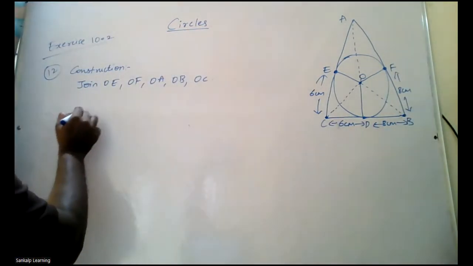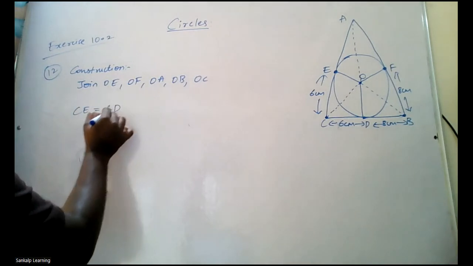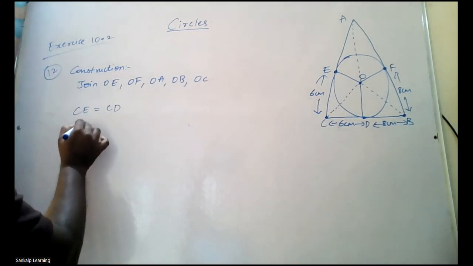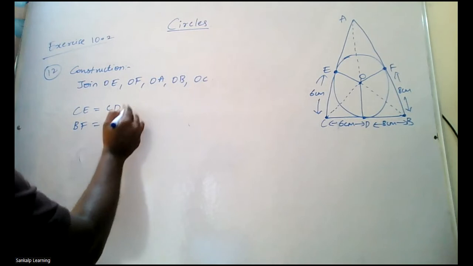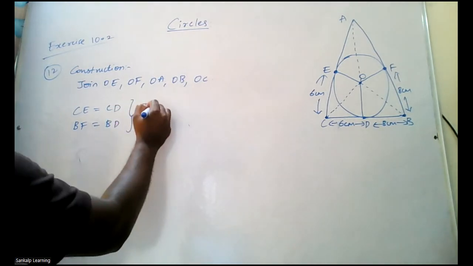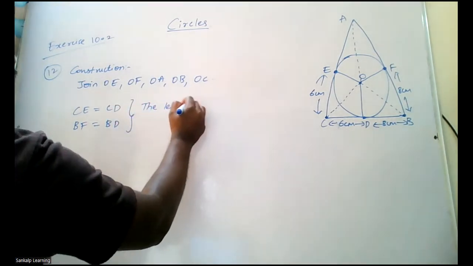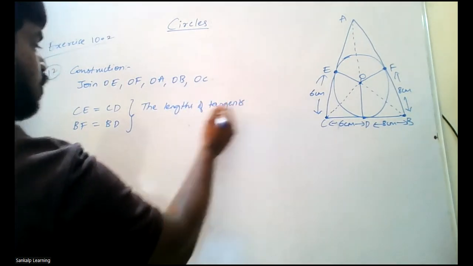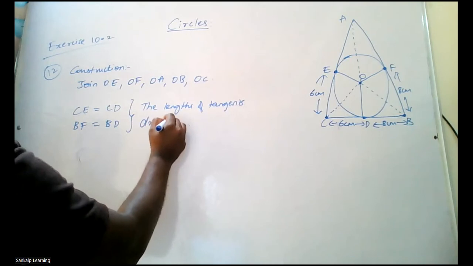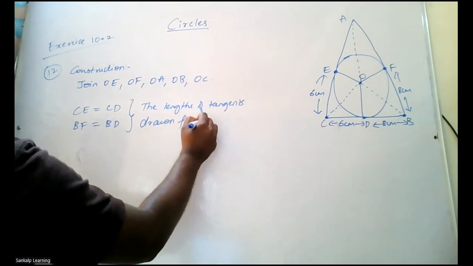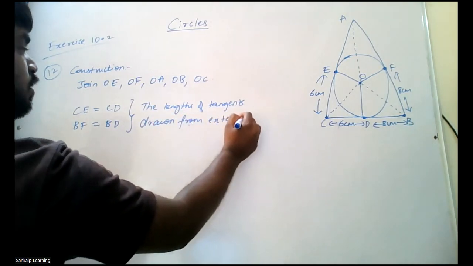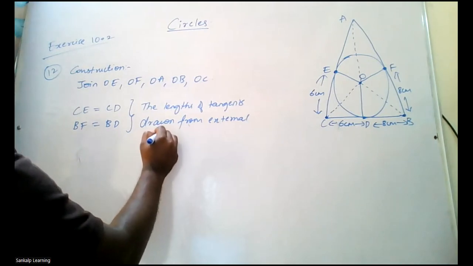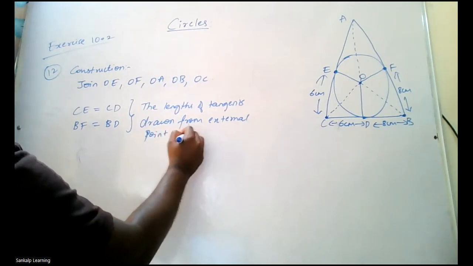So we got it. Okay, what are the two things that we got? CE is equal to CD. Similarly, BF is equal to BD, because the lengths of tangents drawn from an external point are equal.